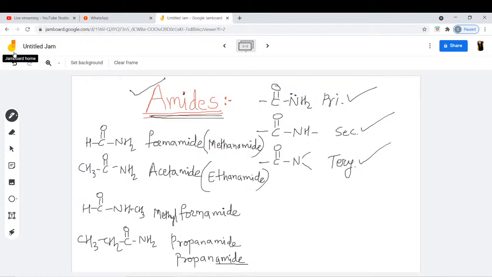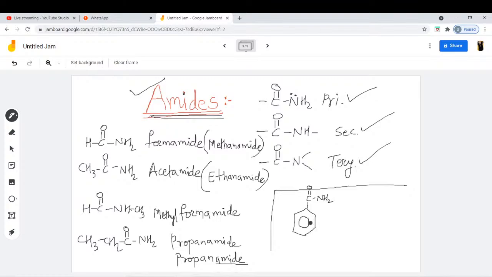Next, let's discuss the aromatic compound as well, like benzamide. Here benzene, and here C double bond O NH2.